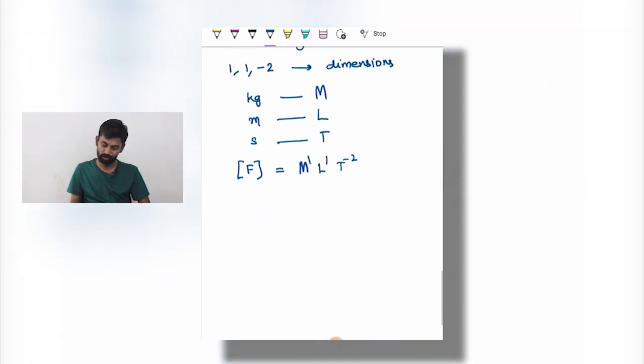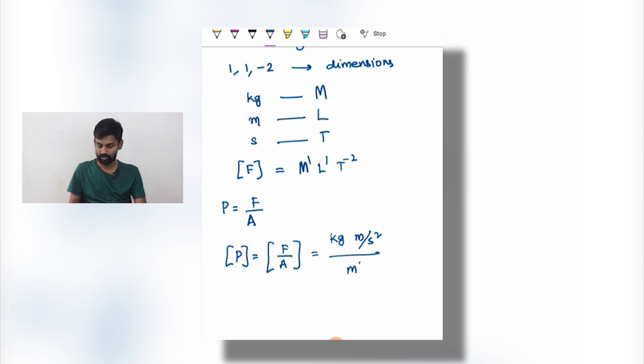I will also tell you another example, pressure. What is pressure? Pressure, we know, is force acting per unit area of cross section. So P is equal to F by A. Now the unit of pressure is unit of force by unit of area. What is the unit of force? We have just derived kg meter per second square, and unit of area is meter square.